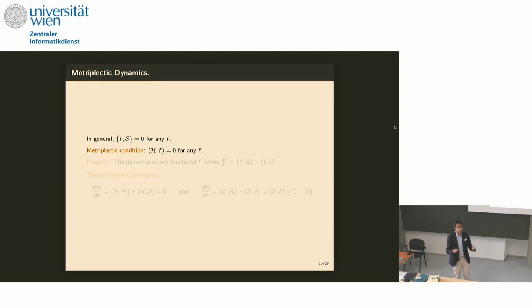It means that when you are doing just thermodynamics, this thermodynamics will not change the energy at all. If you have this, the dynamics is much simpler because you can decompose your global equation into two parts. The first part is when you take the Poisson bracket on the Hamiltonian, and the second part is when you take the symmetric bracket, or dissipative bracket, on the entropy.